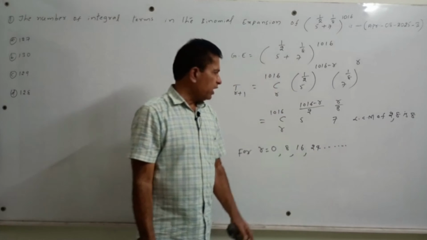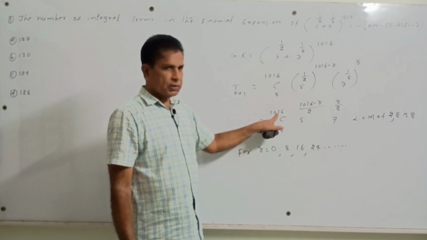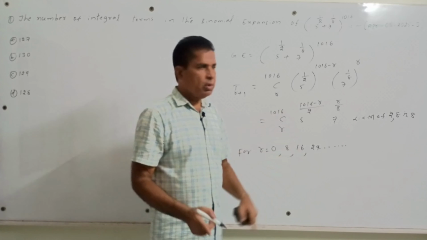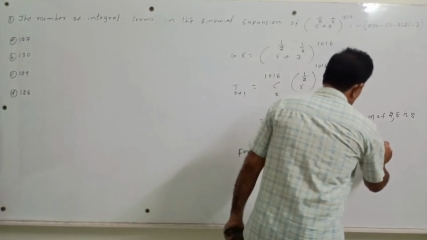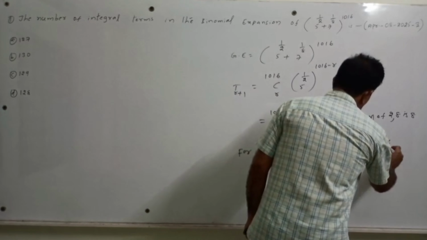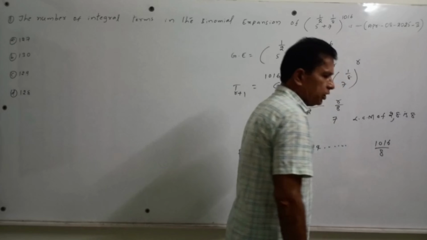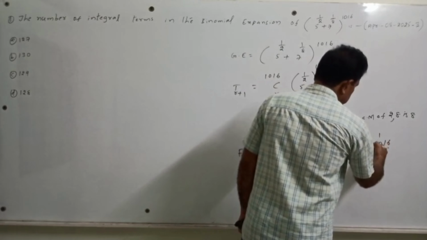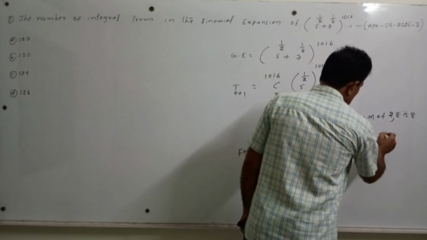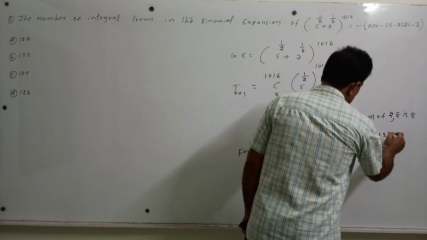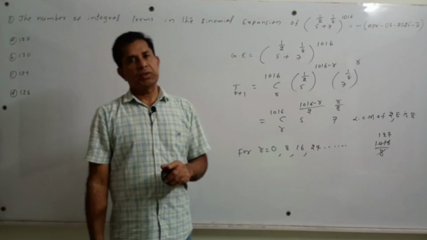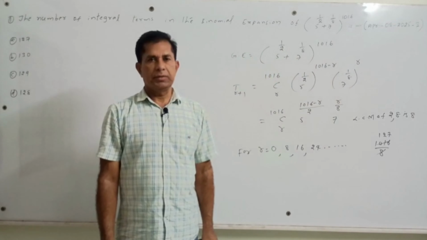The maximum value of r is 1016. Check whether 1016 is divisible by 8 or not. 8 1s are 8, 8 2s are 16, 8 7s are 56. So 1016 is divisible by 8.